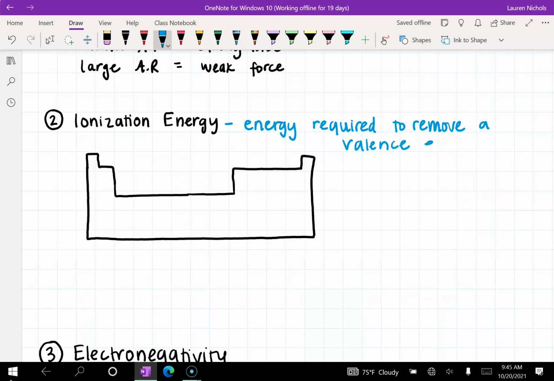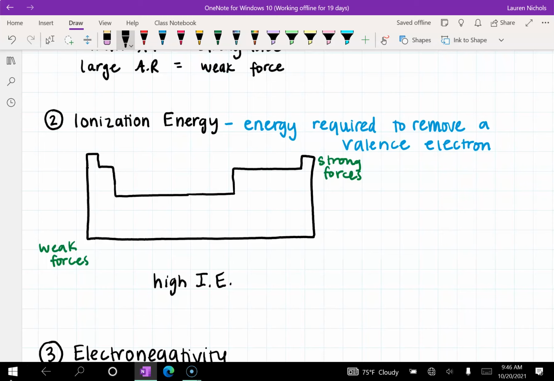Now, again, remember, top right you have strong forces, bottom left you have weak forces. So the key thing to think about is, what happens if I have a high ionization energy, which I'm going to abbreviate as IE.